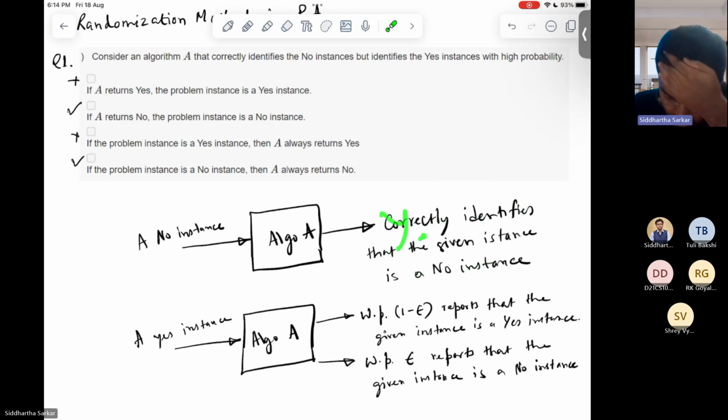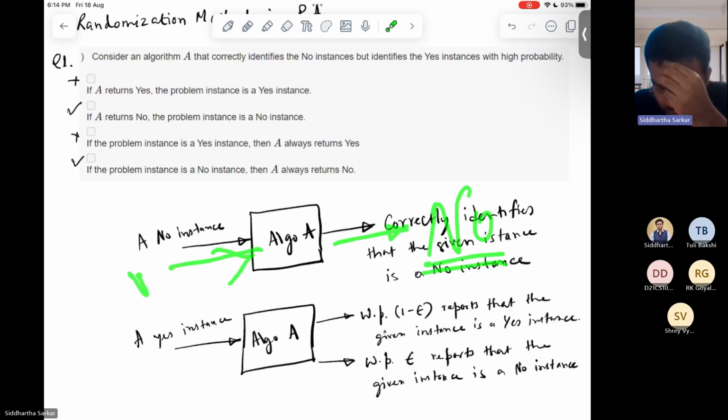So if it has said yes, then definitely the given input was a yes instance. The second option is saying that if A returns no, then the problem instance is definitely a no instance.